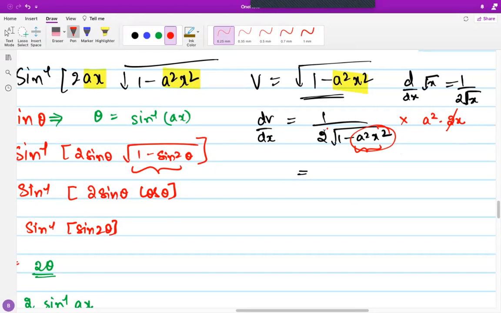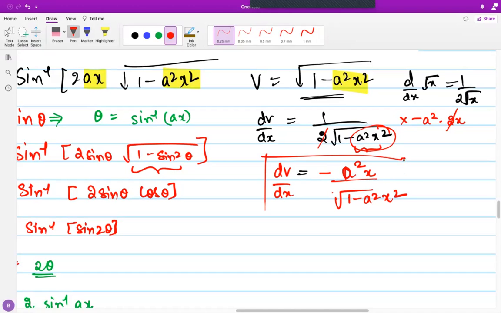The 2 and 2 get cancelled. But the negative sign we have, so we carry it along. So negative a square x divided by root of 1 minus a square minus x square. This is dv with respect to dx.